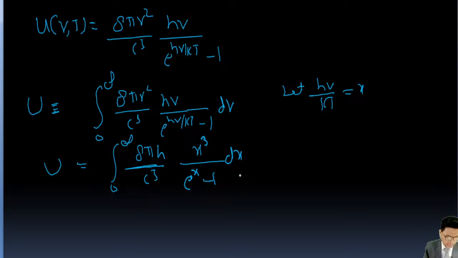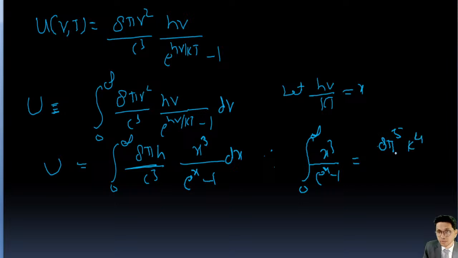We'll solve it, and remember this: the integration from 0 to infinity of x cube upon e to the power x minus 1 is pi to the power 4 upon 15.